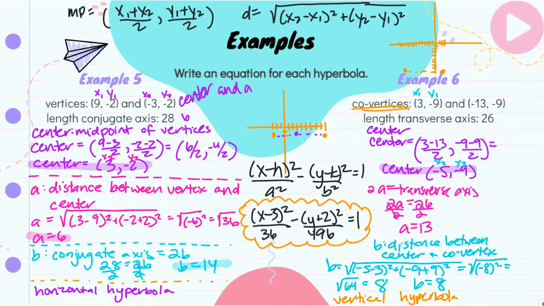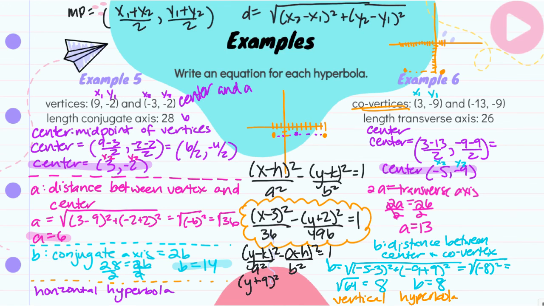That means that I need to use the formula for the vertical hyperbola, which is y minus k squared over a squared minus x minus h squared over b squared equals 1. I need to replace k with negative 9, so y plus 9 squared.